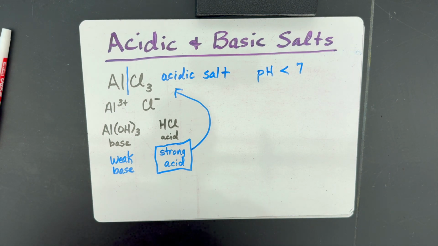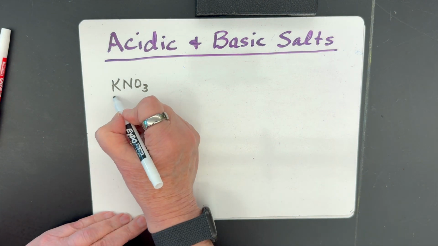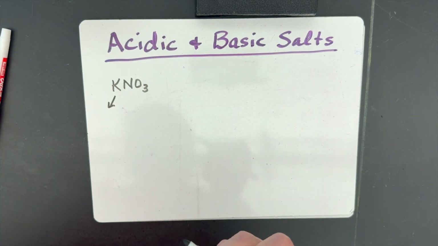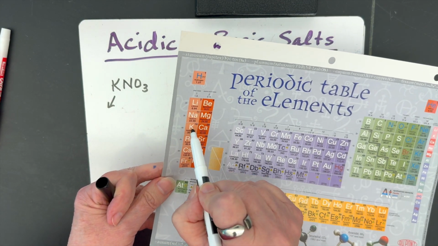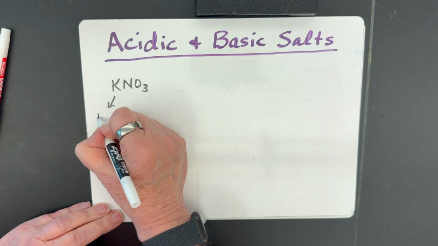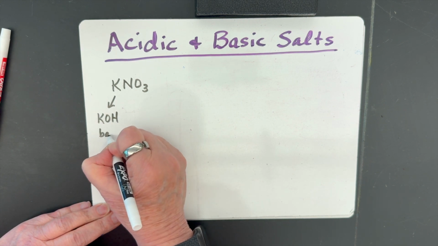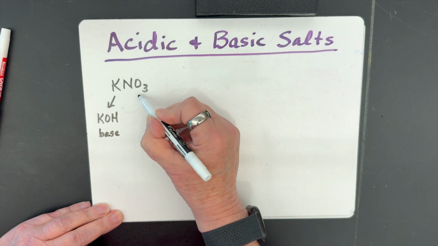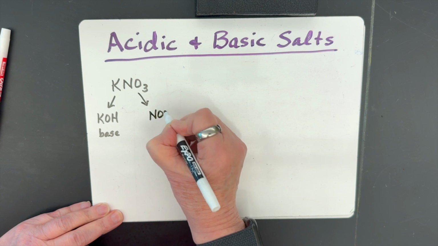Let's try another one. Okay, so here's our salt, KNO3. K is in column 1 of our periodic table, so it's going to ionize to a +1 charge. So it's going to need 1 OH on it to balance it. That's our base. NO3 is our other ion.